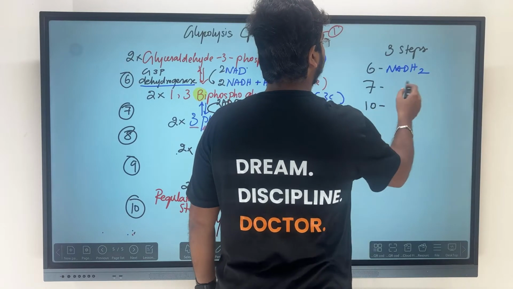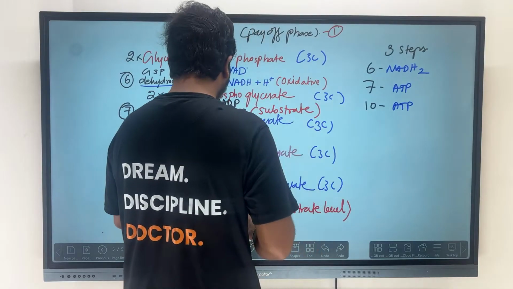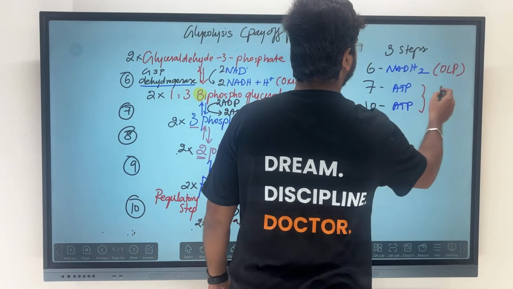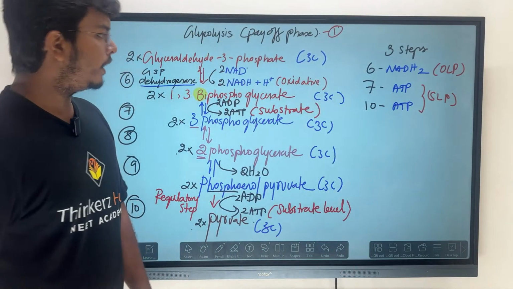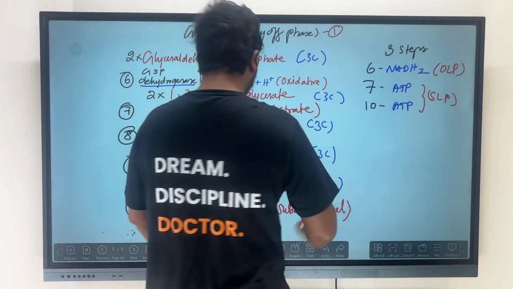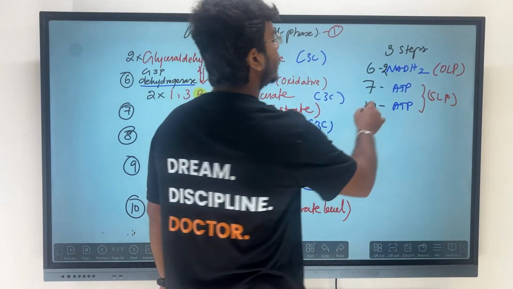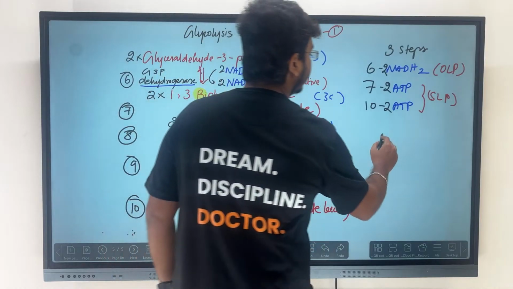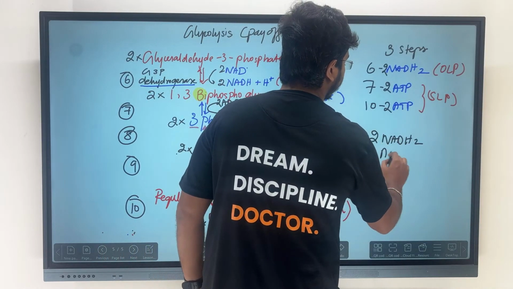Okay, and in 7th step ATP, 10th step ATP. Okay, so we know that NADH2 is oxidative level phosphorylation and 7th and 10th are substrate level phosphorylation. Got it? Okay, so again the question is how many NADH2? We know that here we receive 2 NADH2, similarly 2 ATP and 2 ATP. So total here we have received 2 NADH2 and 4 ATP.